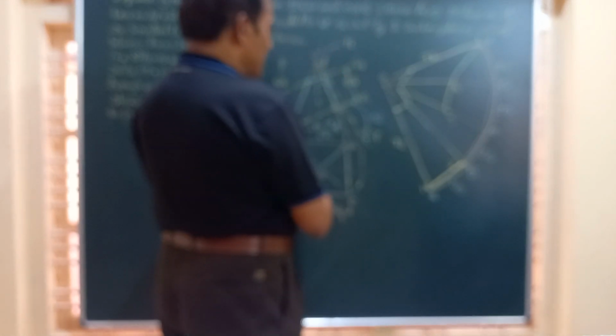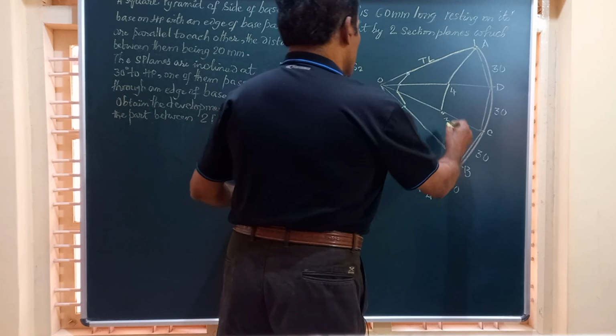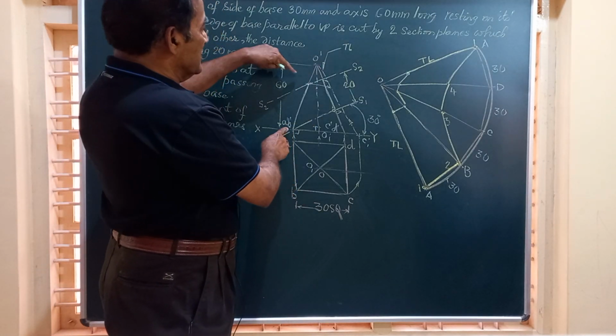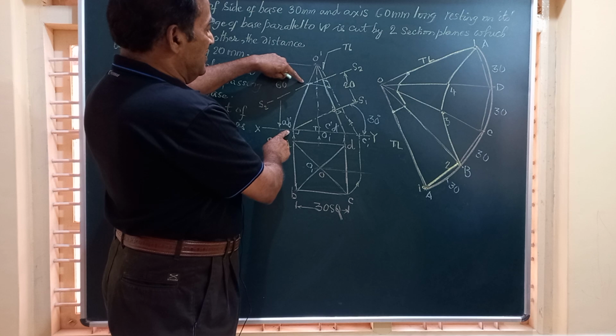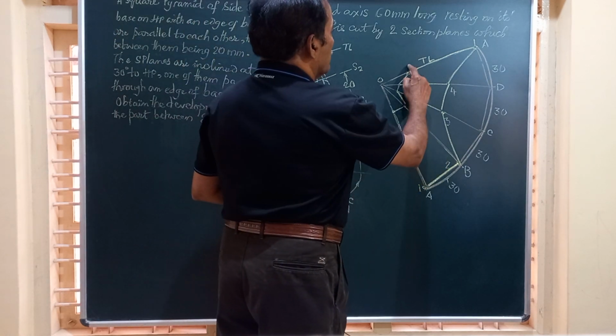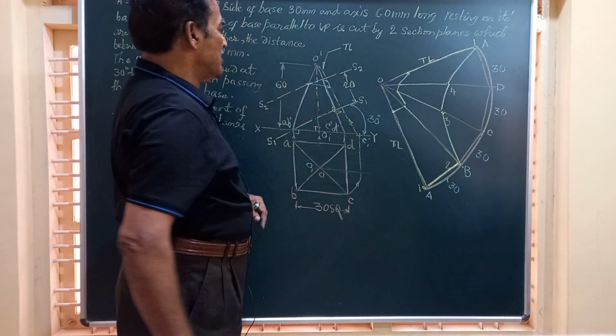Now friends, I have to join this. See OA, OB are there. Yes, we have to join like this finally. Friends, we can observe here on OA and OB, this portion is retained. So on OA, on OB, on OA, same distance you leave.